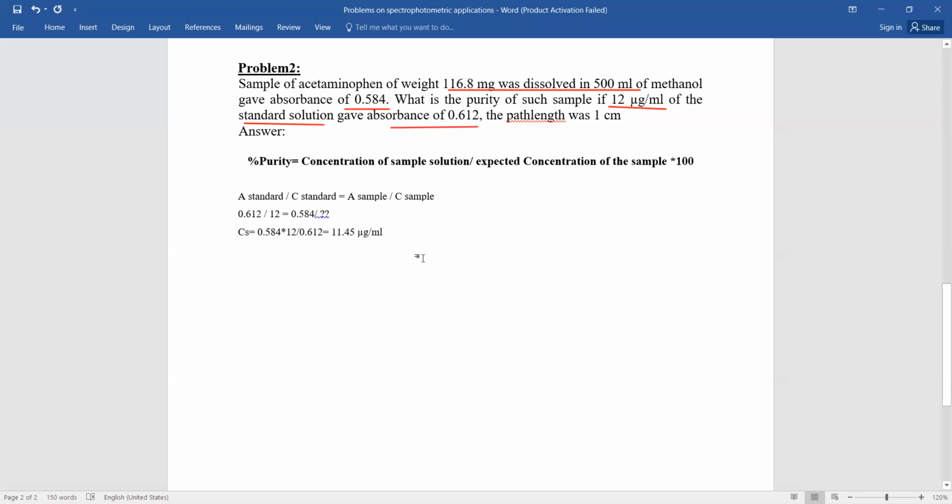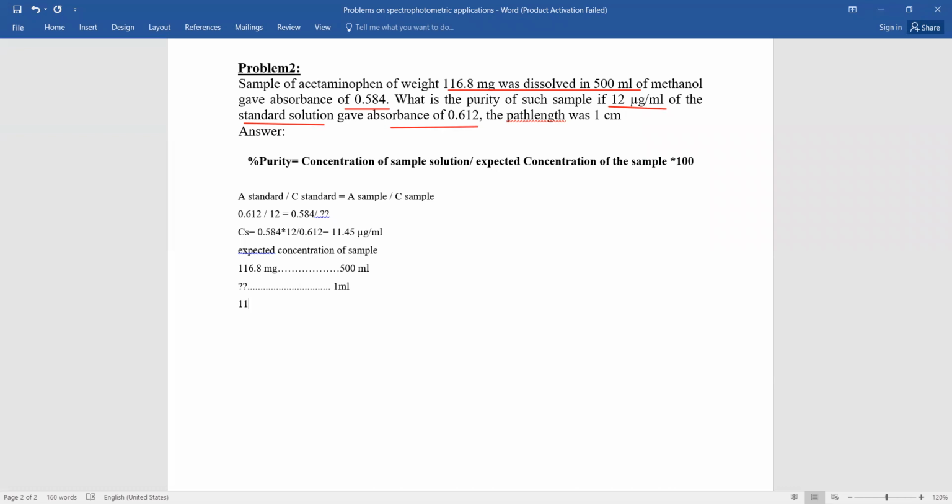So here the expected concentration of the sample was 116.8 milligrams in 500 milli. I need to know the concentration, the weight in 1 milli.